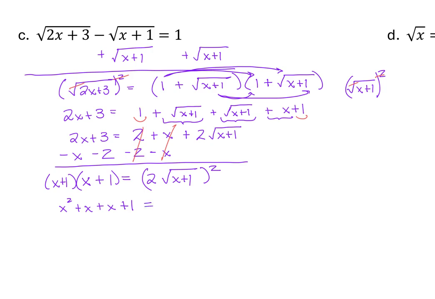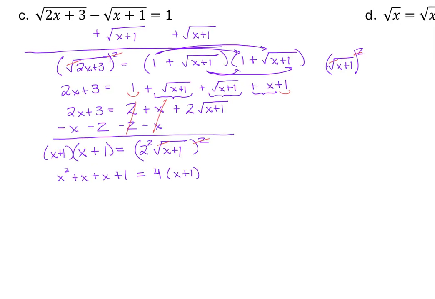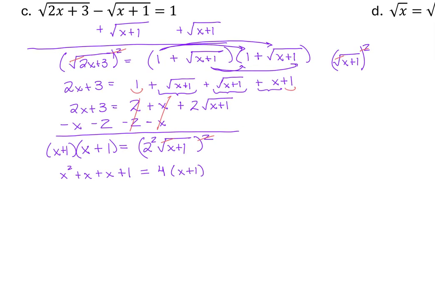Now on the right side, we do need to square the whole thing. And the main thing is we need to square the 2 as well. And so when we square the 2, we get 4. And here we do get that my square root and my square cancel out, and we are left with x plus 1. All right, we can go ahead and combine our like terms.